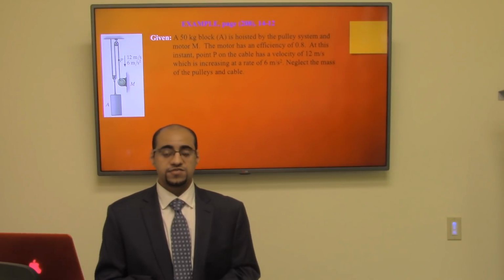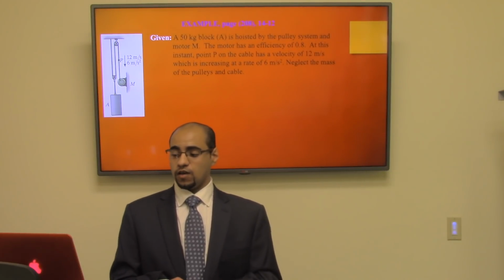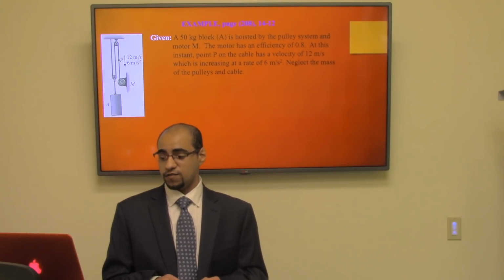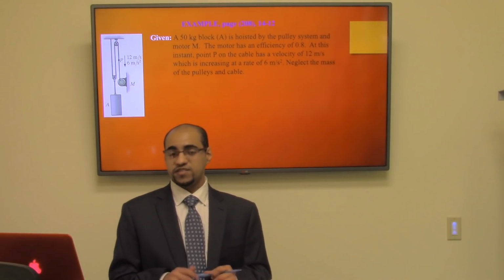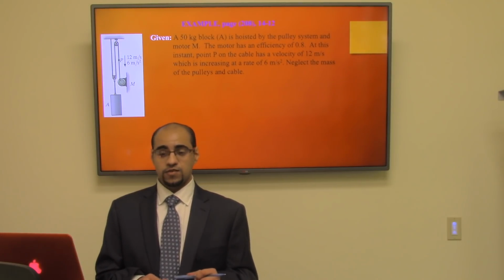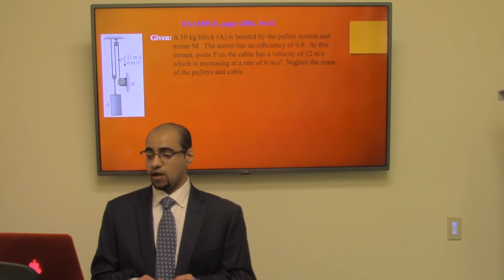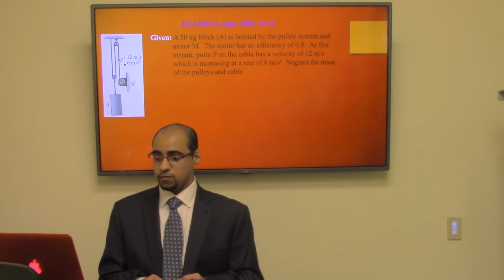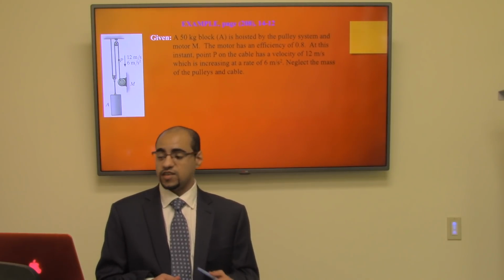Now, after we explained each equation for power and efficiency, we'll have some examples. The first example gives us a 150 kilogram block A that is hoisted by a pulley system and motor M. The motor has an efficiency of 0.8.